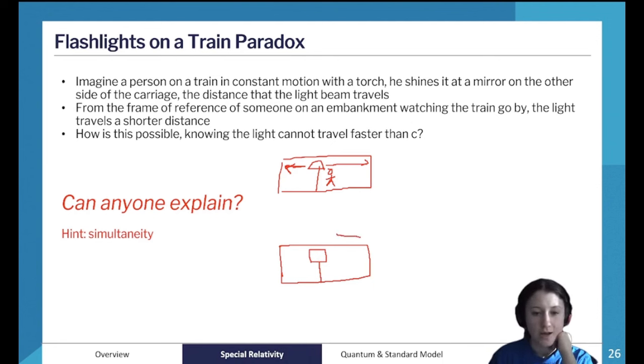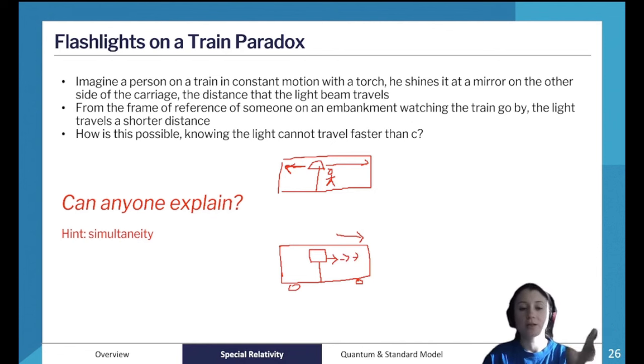The train is moving at close to C. So the light coming out of this end of the lamp is almost chasing this end of the carriage, because the carriage is moving away so fast, it's almost as fast as the light itself. So this side of the light is almost chasing the carriage because that side is moving so fast.